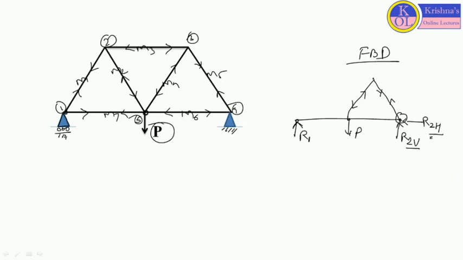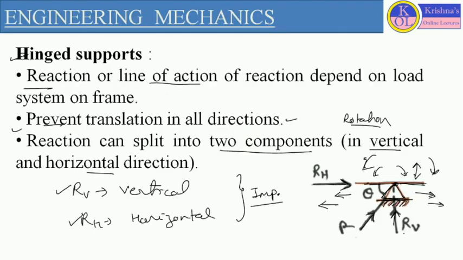And how can we define this vertical and horizontal component? With the help of this diagram, for example, here we are considering angle theta with the horizontal surface. So RV we can define according to R and theta. So it will be R sine theta, and RH is R cos theta.